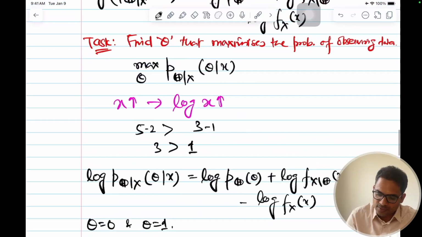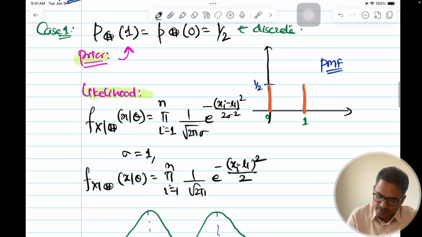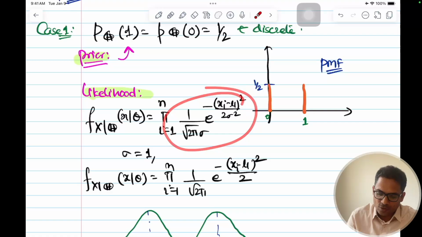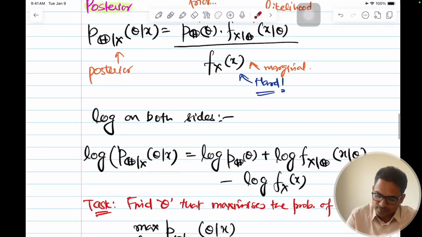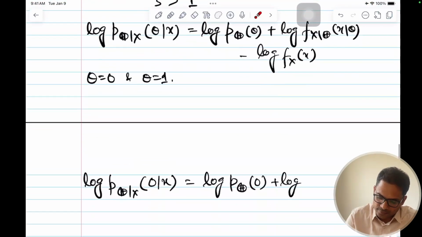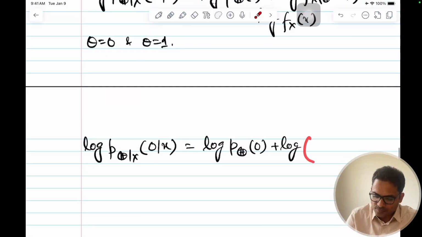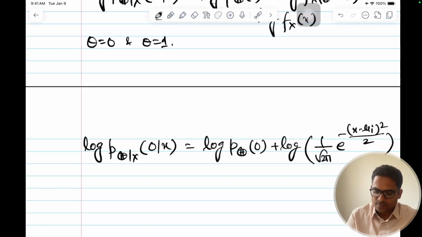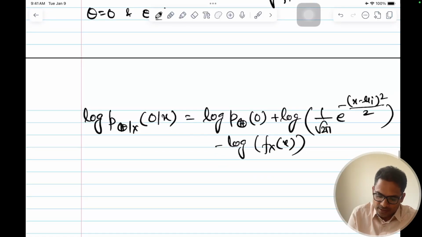With the Gaussian distribution we had, f of x is this, log of this term, which is 1 by root 2 pi, e to the power minus (x minus mu_i) whole square by 2, and minus log of f_X(x). Similarly for the other.